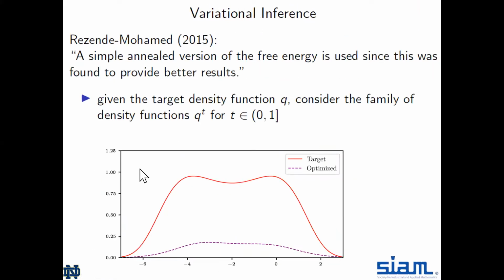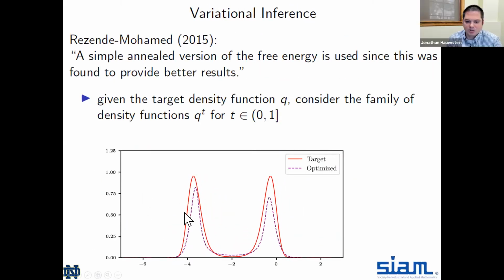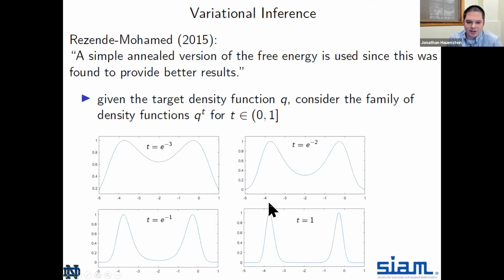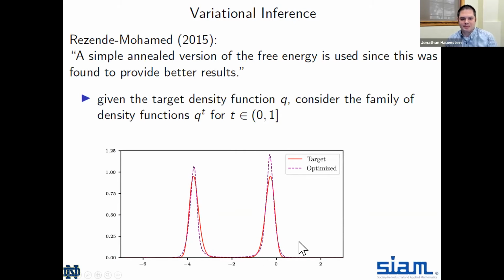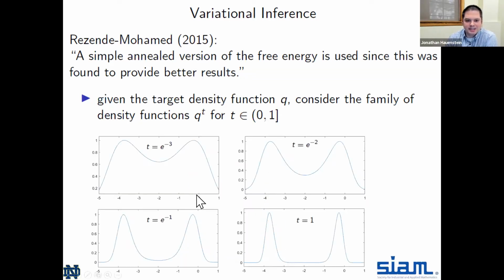You have some distribution you don't know how to sample from, but it's much easier to approximate. And so when you're doing the optimization, you still don't know how to sample from it, but you can approximate it much more easily.